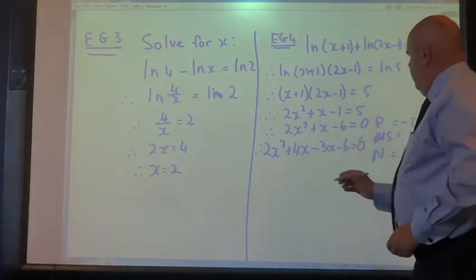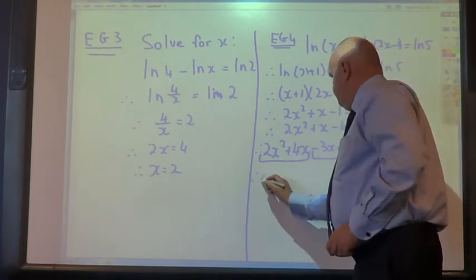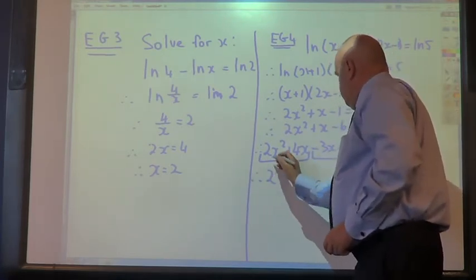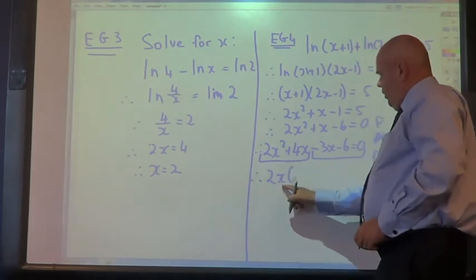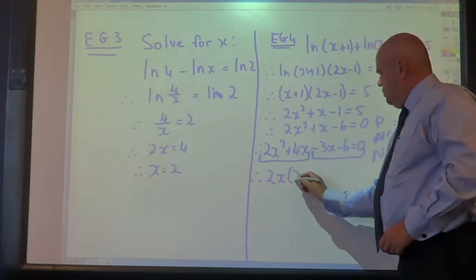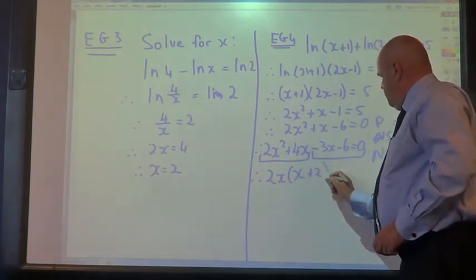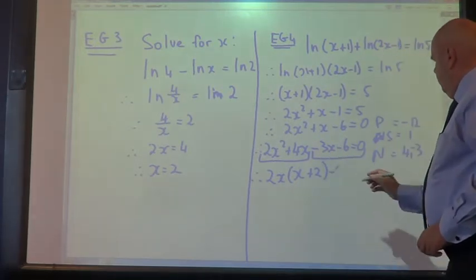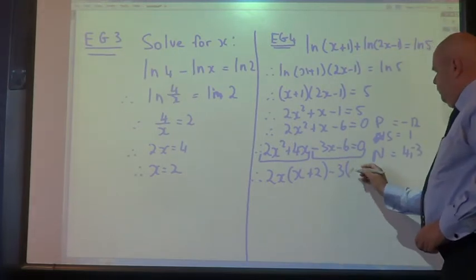So factorising in pairs, we pair them up, we get this. Highest numerical factor there is 2. Variable-wise, we've got x. What do I times that by to get back to there? x. What do I times that by to get back to there? Plus 2. Minus, and what I've got here, the highest numeric factor is 3. What do I times 3 by to get back to 3x?